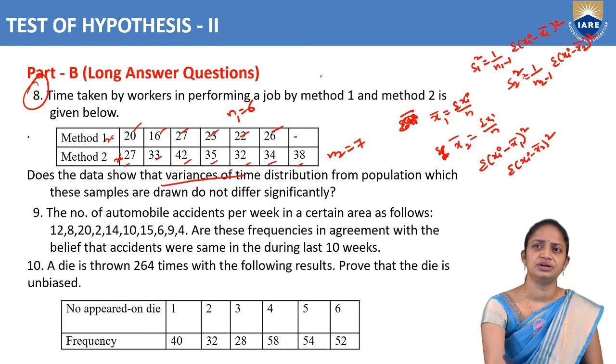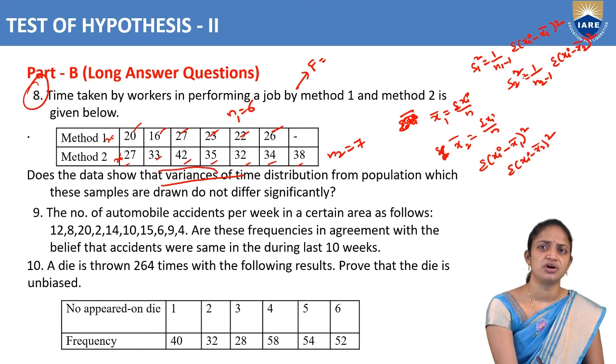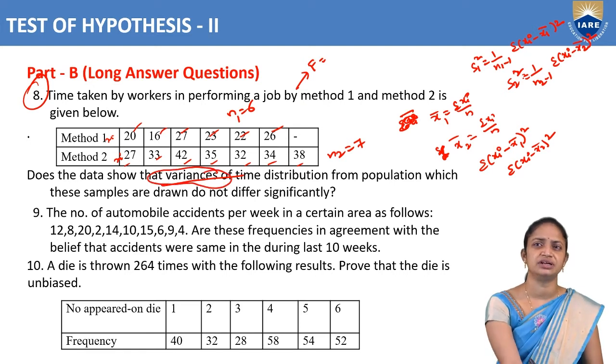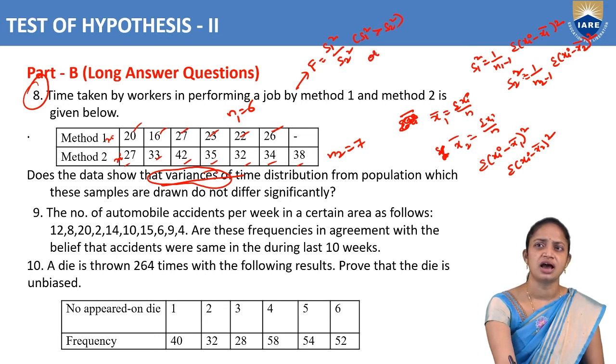So let us take the formula for f distribution or f test, because they have mentioned variances. Based on variances we have to use f distribution or f test. So that means f equal to s1 square by s2 square, where s1 square greater than s2 square, or we can use f equal to s2 square by s1 square, where s2 square greater than s1 square.